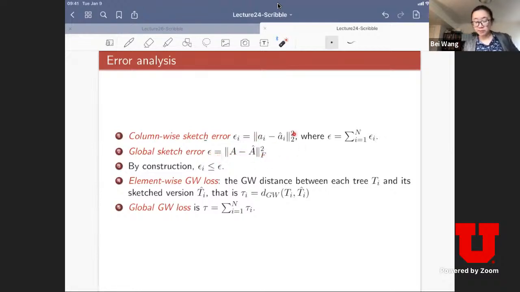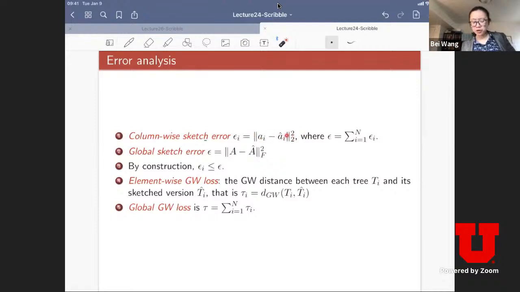However, it does not guarantee that for every individual column of my matrix, I'm going to get the best sketching, right? So all the existing matrix sketching techniques look at minimizing global error, but do not guarantee to minimize individual ones. So some of them are well sketched and some of them are not.